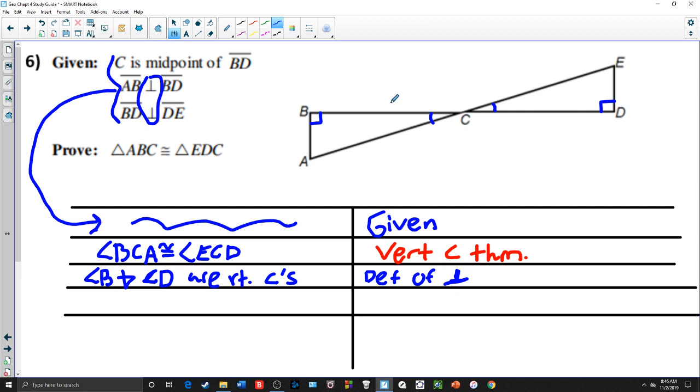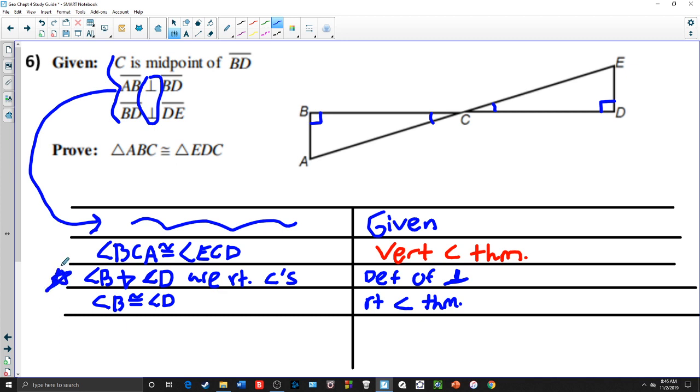So our next step is now we're going to say angle B is congruent to angle D. Why? That's because of the right angle theorem. The right angle theorem says if the angles are right angles, then they have to be congruent. So we state first, hey, these are right angles.